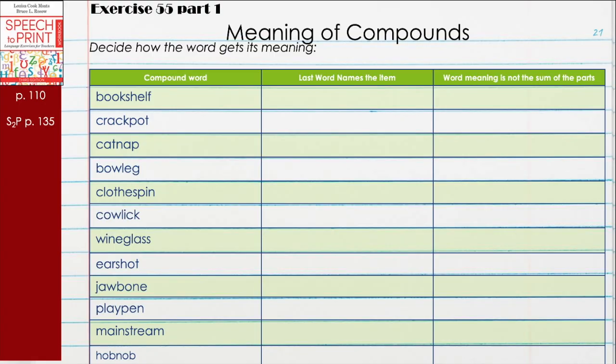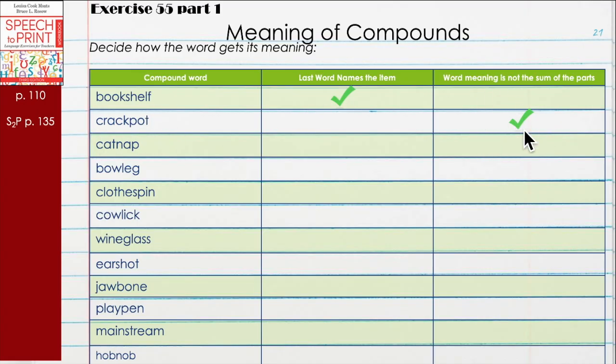What's fun is looking at some of these and realizing that, okay, I can see the thought process to how they got this word and why they put these pieces together, especially if you know where the word comes from. So if we look at bookshelf, we know that it is a shelf made for books. So therefore, that last word tells us what it is. It's a shelf. But if I look at crackpot and I think, well, it's not an actual pot that's cracked.